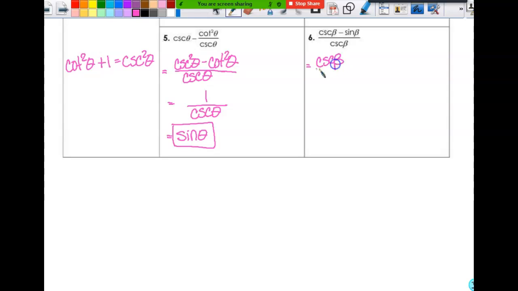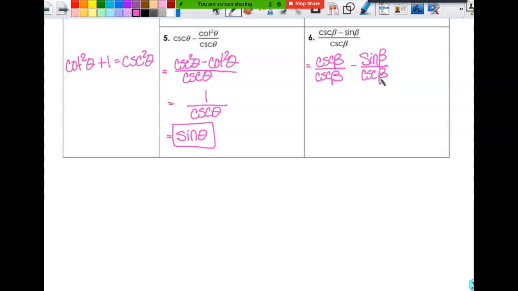Cosecant beta over cosecant beta minus sine beta over cosecant beta. Make sure you understand and you believe me when I say they're the same thing, because if I combined the fractions back together, I'd get what I had started with.